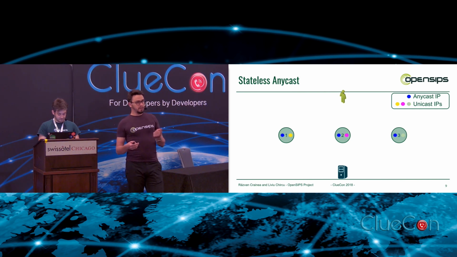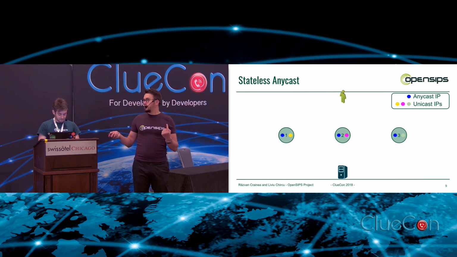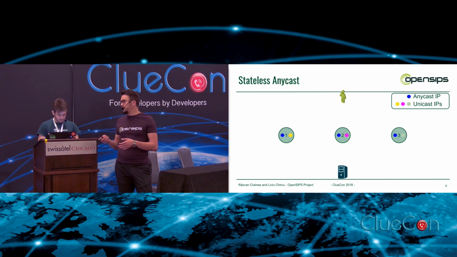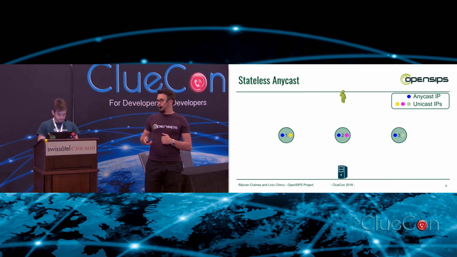Imagine that you have a single IP set on 3 different nodes. So here we have 3 different nodes in 3 different locations and only one IP assigned, which can be found on each server. It might also have its unicast IPs, but we are not interested in that. So there's one IP that is shared among different nodes.